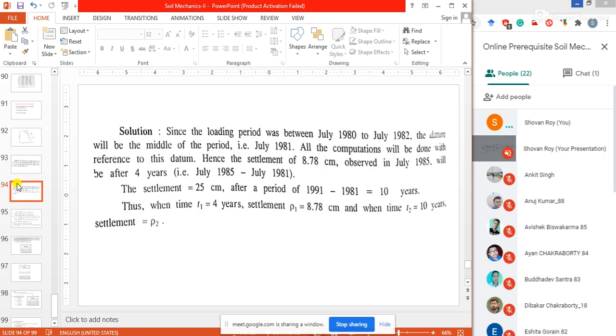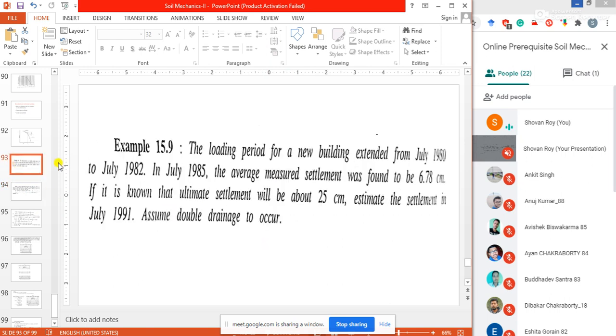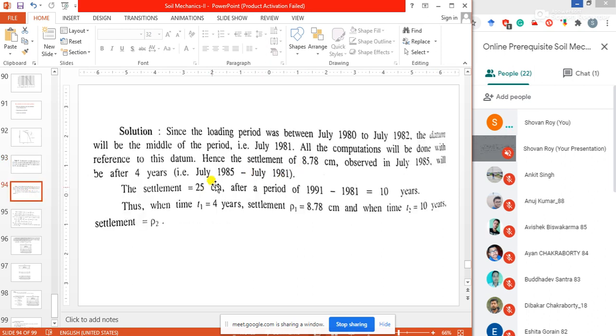My God, the wrong value is given. It should be 8.78, not 6.78. So hence the settlement of 8.78 observed in July 1985 will be after 4 years, that is July 1985 minus the reference or datum level July 1981.